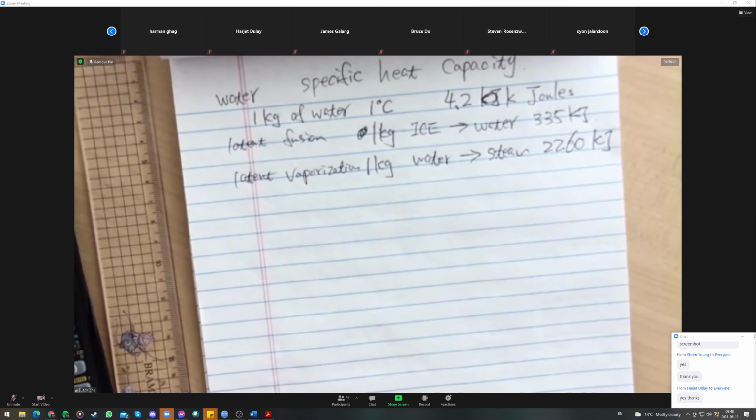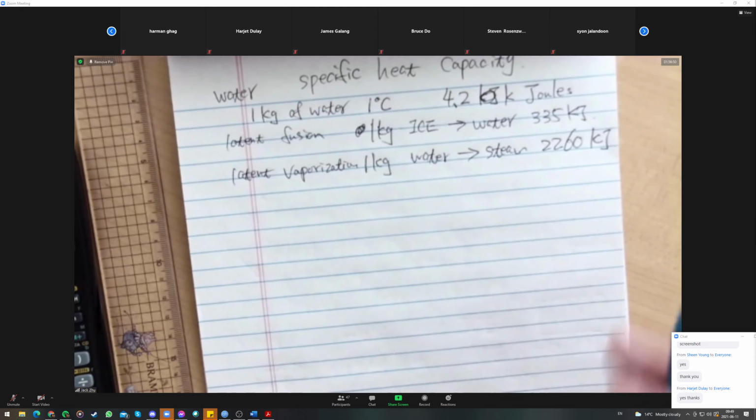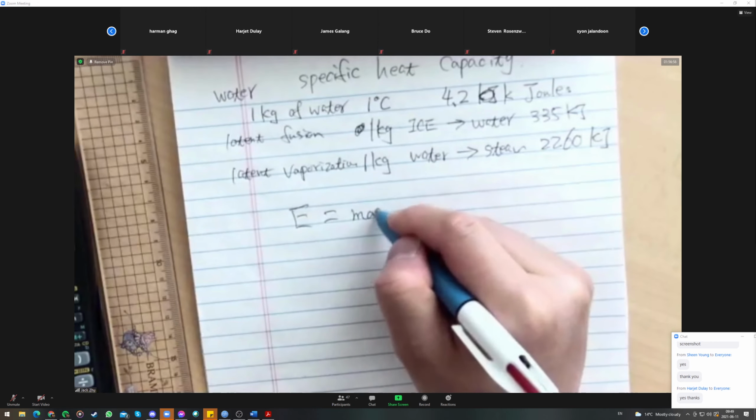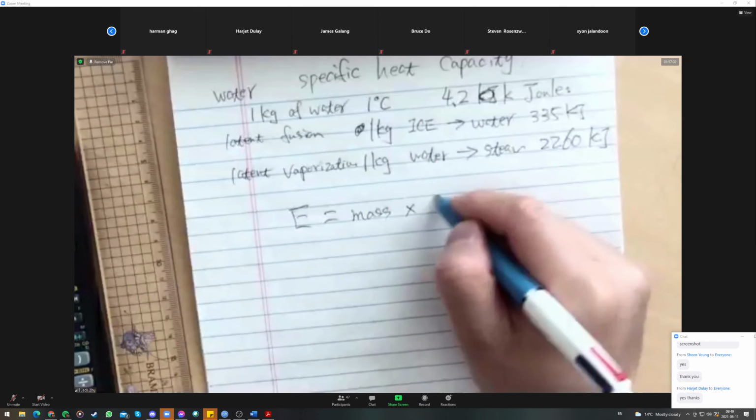So here's something you're probably going to do, a calculation. If you've been taking the foundation program, you learned this one. The formula is the energy equals the mass times the specific heat capacity times the temperature difference.